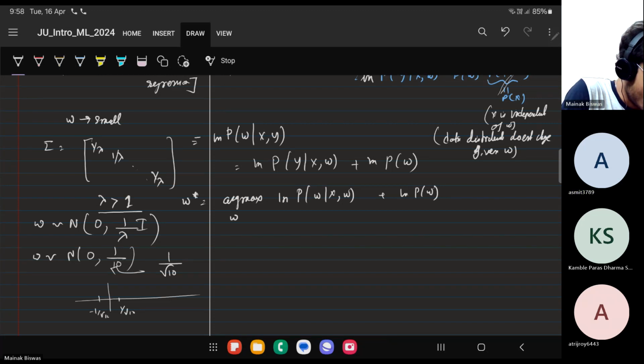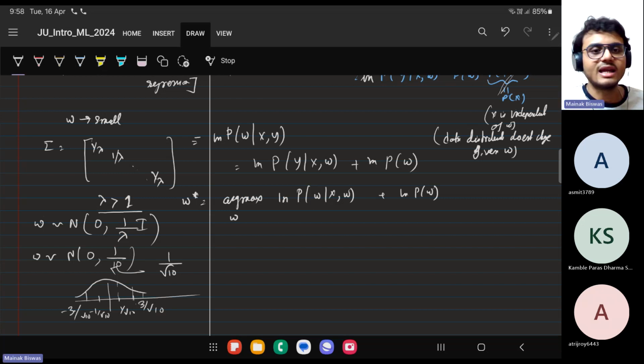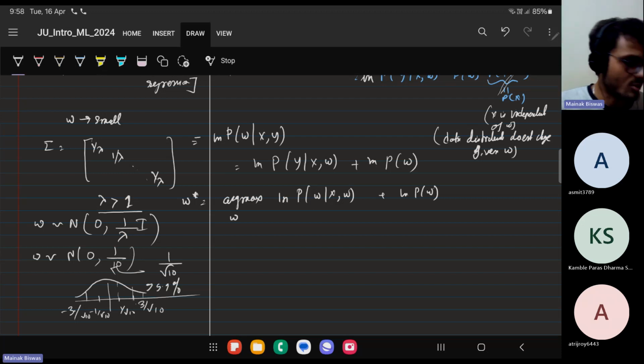So 95% of the data would lie between minus 2 by root 10 to 2 by root 10, and 99.9% within 3 by root 10, according to the normal distribution.